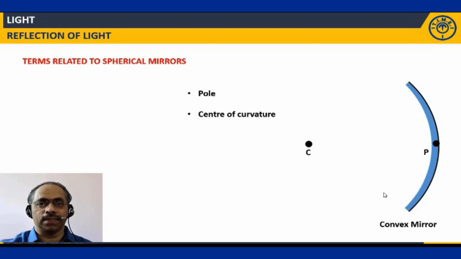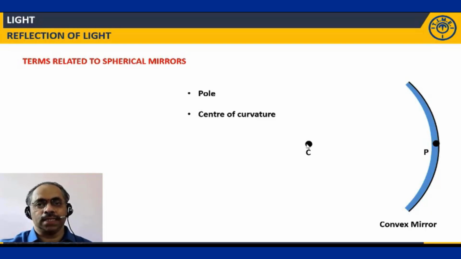It is nothing but the center of the sphere from which this particular convex mirror was made. That is called the center of curvature.